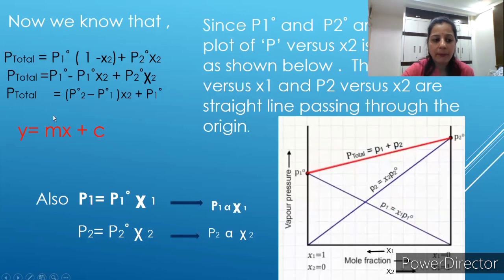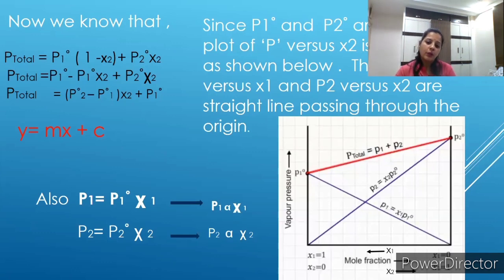If I combine the three graphs together, we get a graph like this, where we are taking vapor pressure on the y-axis and mole fraction on the x-axis. So we get a graph like this if we plot P total versus mole fraction. This is nothing but Raoult's law, and Raoult's law has given these expressions for solutions having volatile nature.